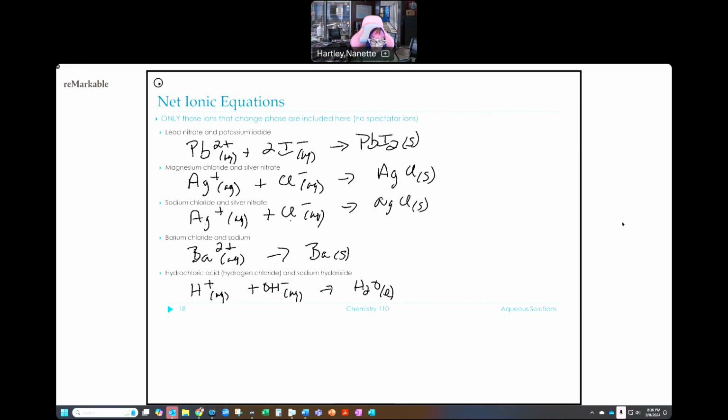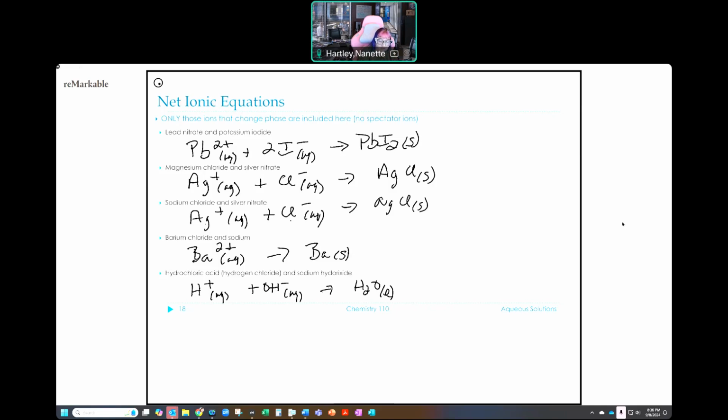All right, so those are the three types of equations that we're talking about. We have our molecular, where we include everything as being a molecule. So everything appears together. It looks like it's a molecule. We have it balanced based on charges so that they appear together. We have our ionic equation, where everything is broken up into ions.